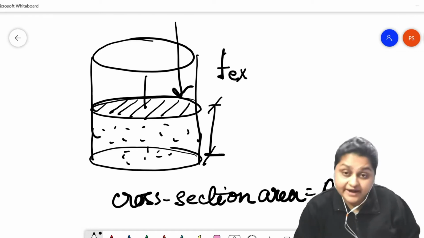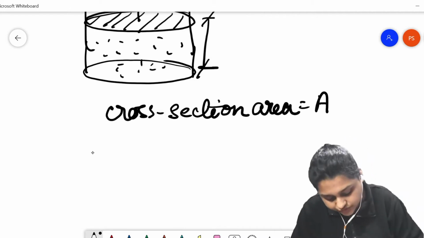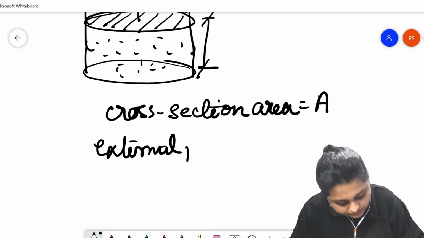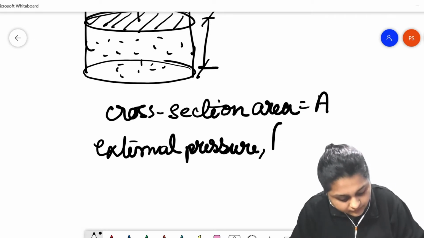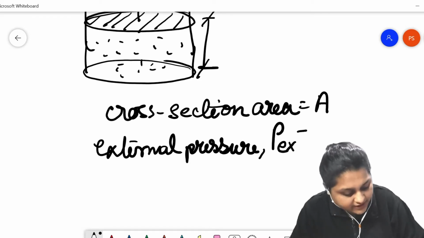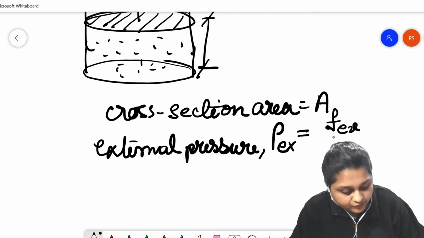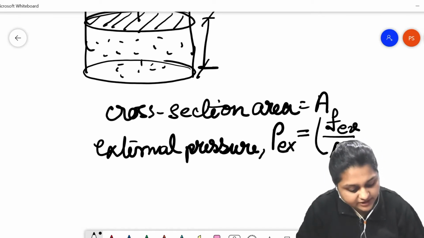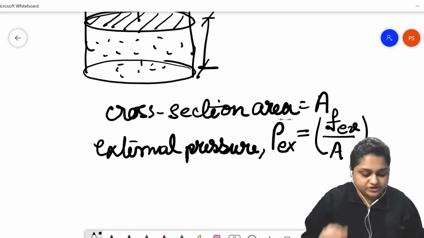A, in that case the external pressure that is being applied over the piston is going to be Pex. Pex is going to be the external force applied over the piston divided by the cross section area of the piston, that is Fex by A. This is the external pressure that is being applied over the piston.